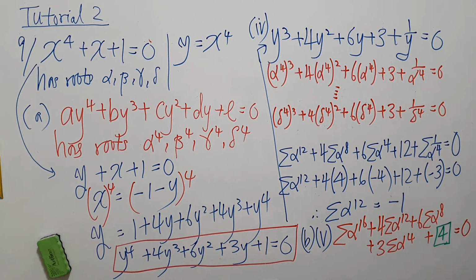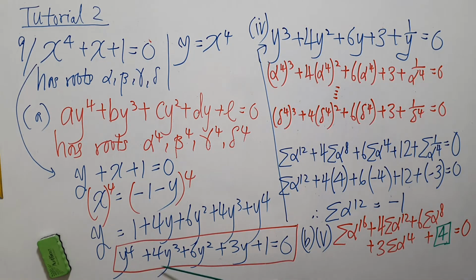So once you have found that this is 4, and earlier on you have already found this is minus 1, you have already found summation of alpha 8, which is 4, you have found the summation of alpha power 4, which is minus 4, you plug them in with this number, you can therefore find the summation of alpha power 16.